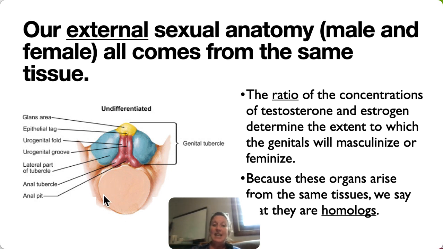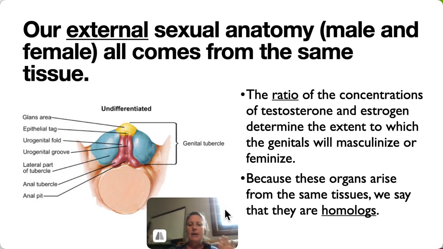But what we're seeing here is the tail that we all have. And by the way, when we talk about two adult or mature structures that come from the same tissue, we say that they are homologs. All right, homo means same. So they're coming from the same tissue.